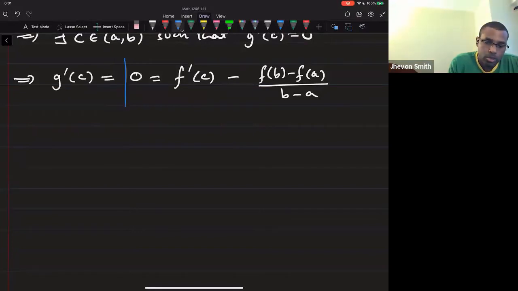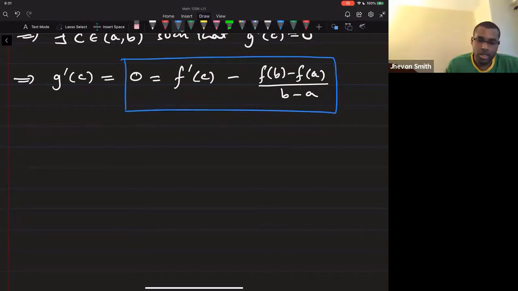So if you see this part right here, it tells you that those guys are 0. So I can add this to both sides.